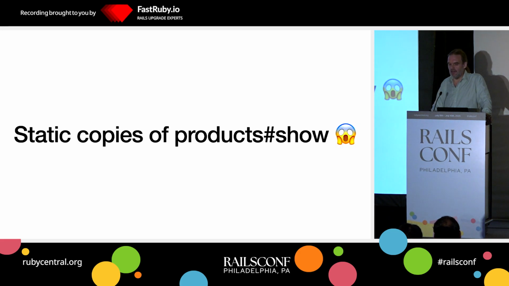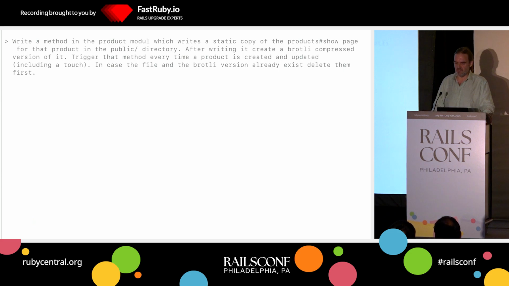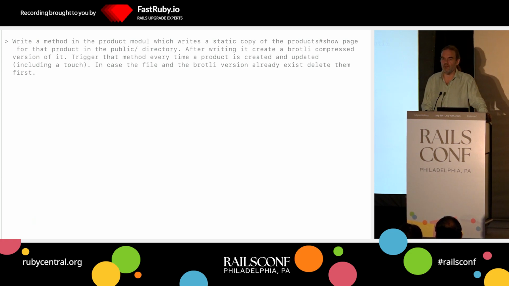So, static copies of product show, and remember we have 50,000 products. Why not? So we tell Claude to create a method to store a static copy of that view in the file system in the directory structure. And while we're at it, we create a compressed version.